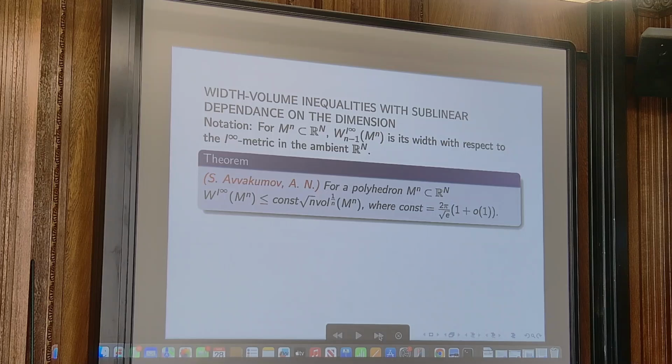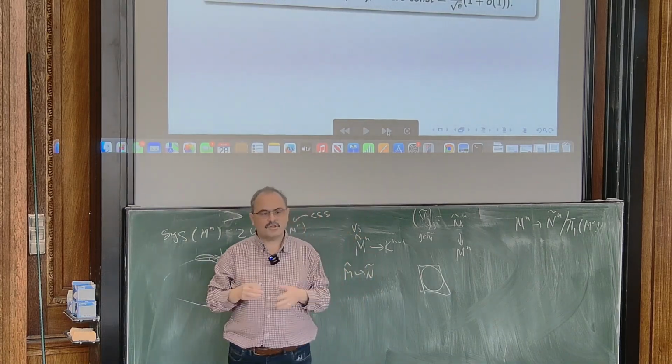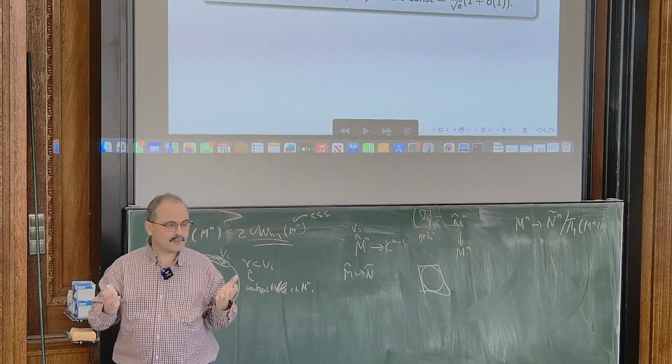Now, what's the difference between Hausdorff measure with respect to L infinity and volume? To calculate the Hausdorff measure with respect to L infinity, we cover our set by small cubes. Here, we are covering them by much smaller balls. Balls or cubes give exactly the same contribution to the Hausdorff measure, but of course cubes are larger and it's much easier to cover by cubes than by balls.